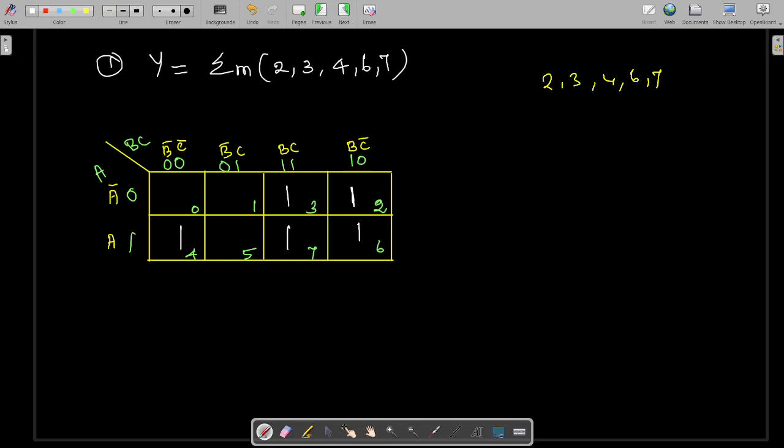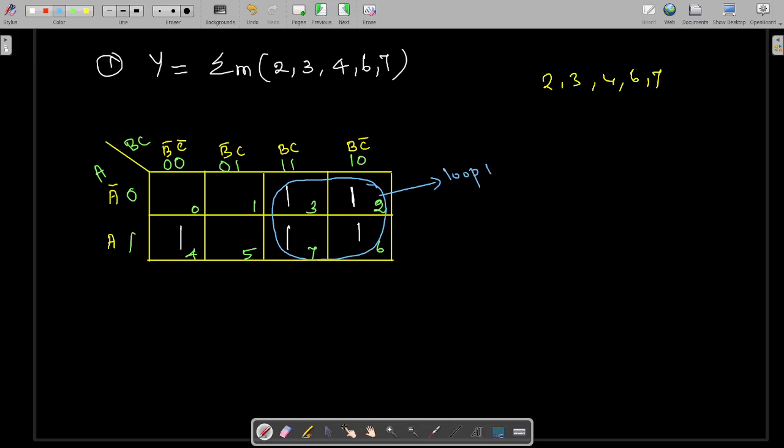We know that we can group 4 adjacent ones if available. So I am going to group these ones using this blue color. I name this loop 1. Here this 1 is left out.